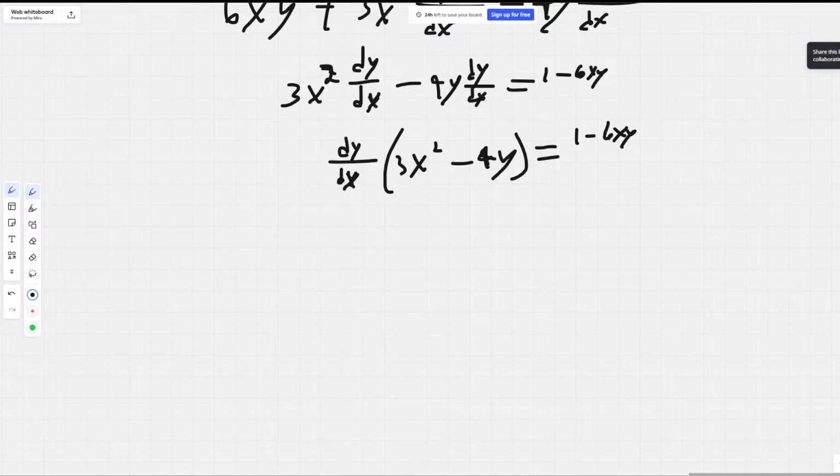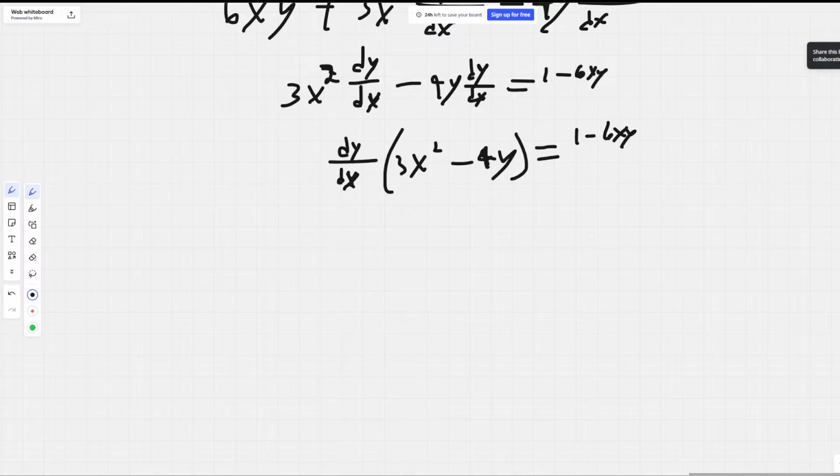x squared times dy over dx minus 4y. I forgot to write that part in my note. dy over dx next to that 4y. dy over dx, that's better. Equals 1 minus 6xy. x squared minus 4y equals what I have written down right on there.